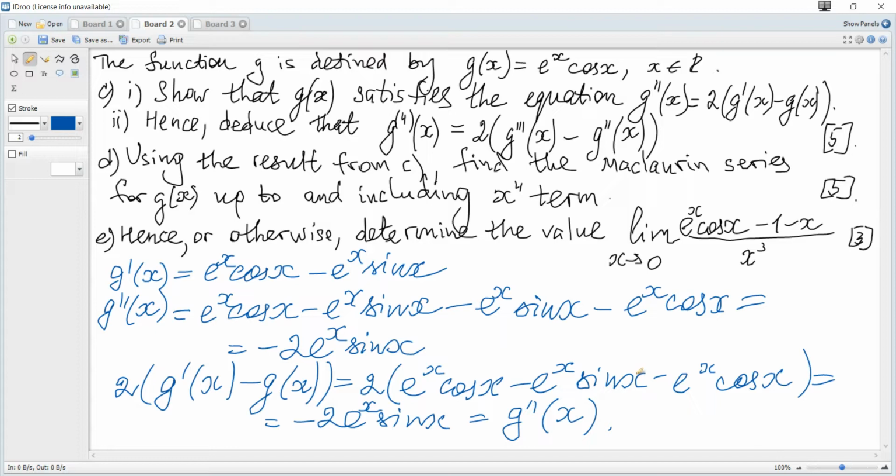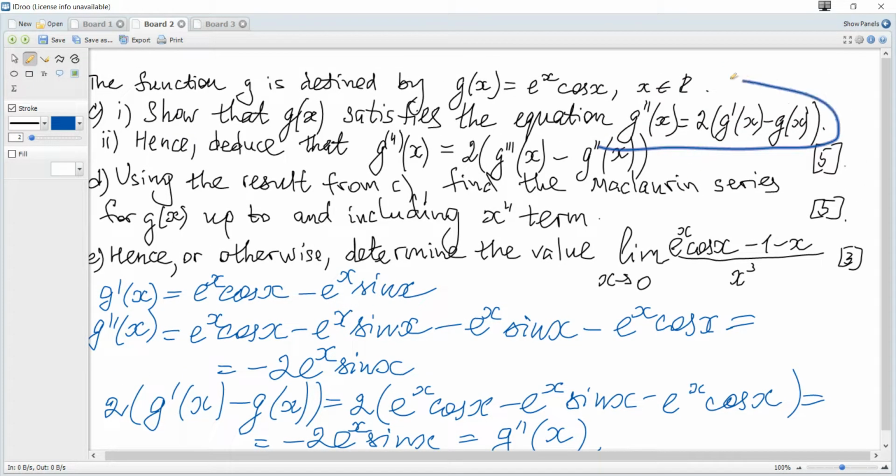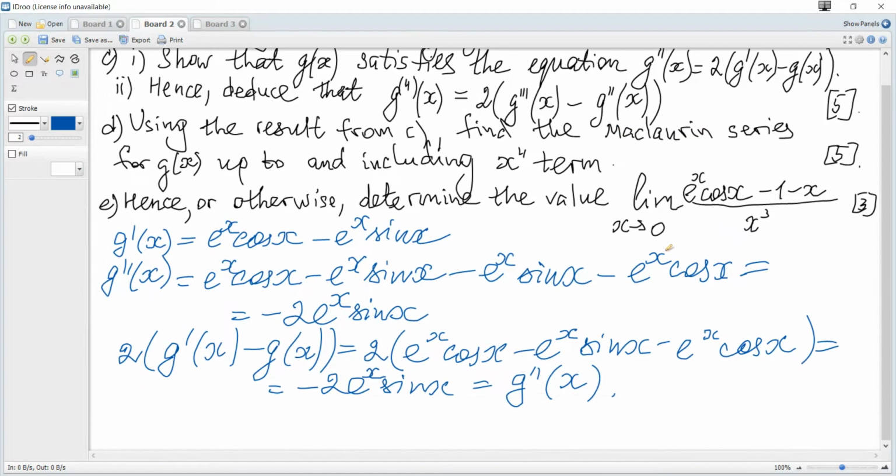Hence deduce that the fourth derivative is equal to a given expression. Hence implies that we should use the obtained result, and we should use the expression for the second derivative, and we can find the third and then the fourth derivatives of g.